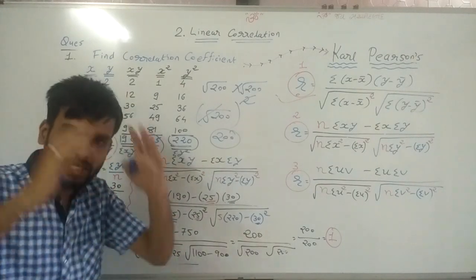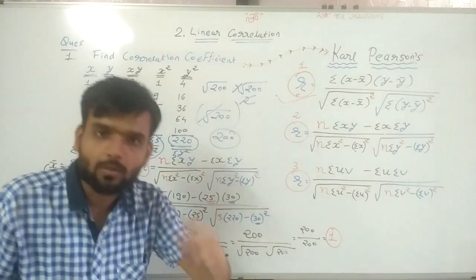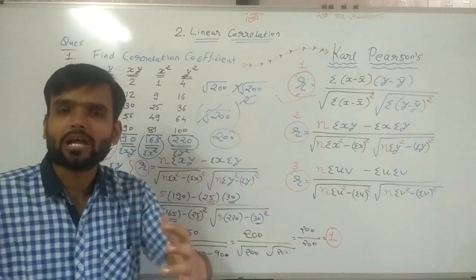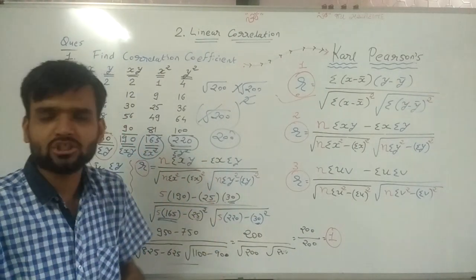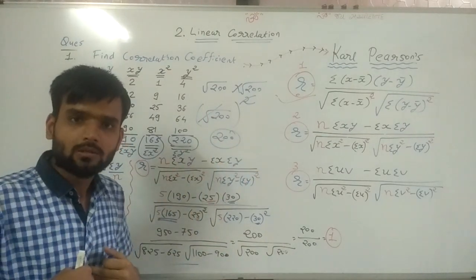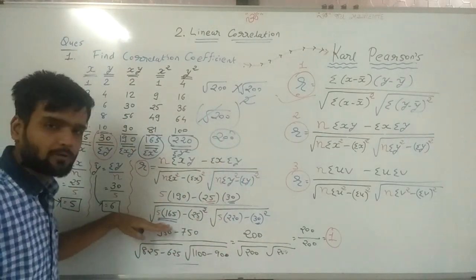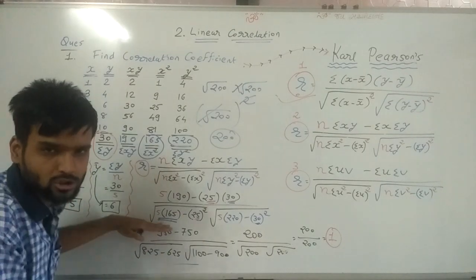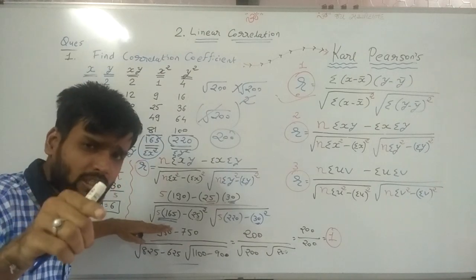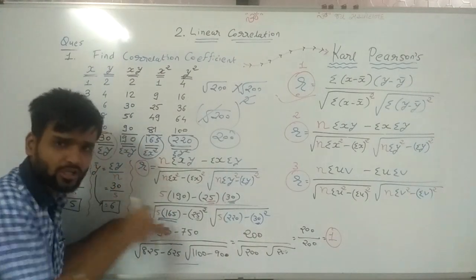This explanation I give is useful only for some students who cannot solve clearly. Many students in the past, that is my experience, can put values up to this level, and then they cannot solve the sum. For those particular students only I am giving this explanation.